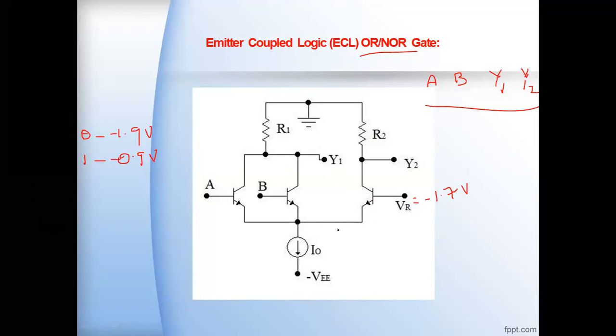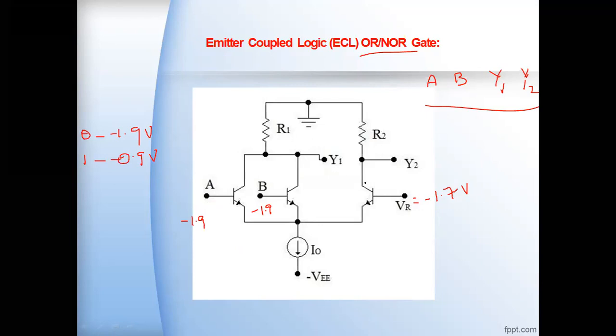So now let us describe the operation. Now A and B are at the low voltages here. Low voltages in the sense minus 1.9, right? Minus 1.9 and minus 1.9. These are the logic input voltages.